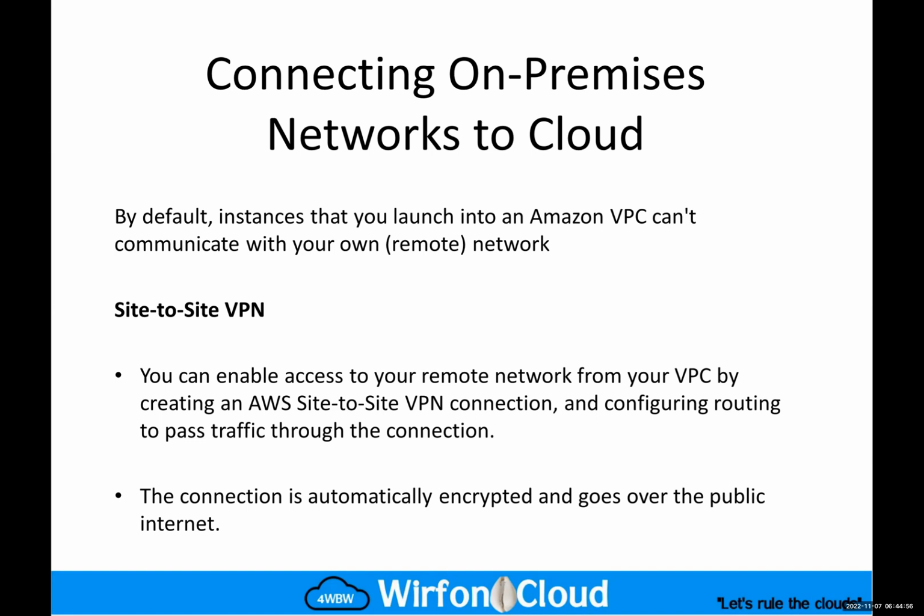With this, you enable remote access to your VPC by establishing this VPN connection and configuring routing in your VPC to pass traffic to your on-premises network, and you also configure routing on your premises to pass particular traffic to your VPC.